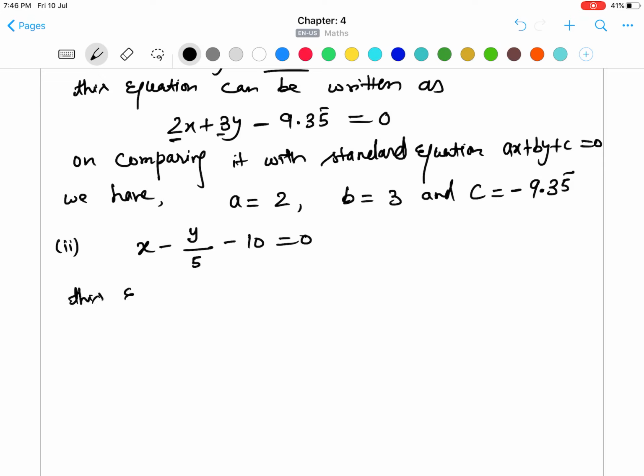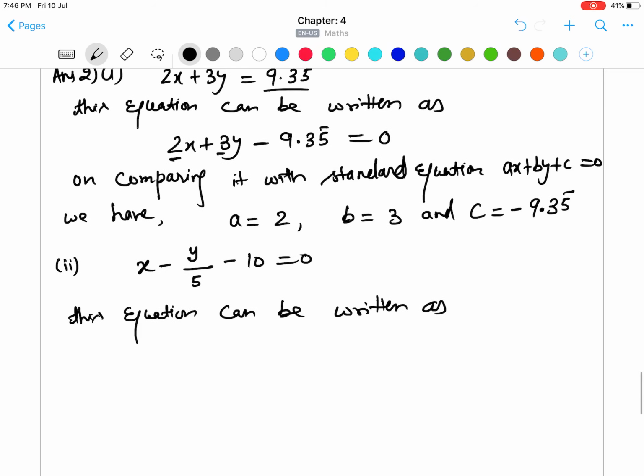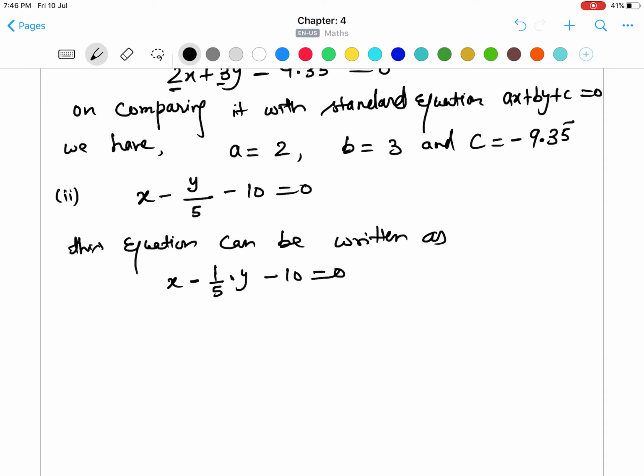This equation can be written as, now you can see this equation is already in the form of the standard equation. But we can write this as x - 1/5 y - 10 = 0.